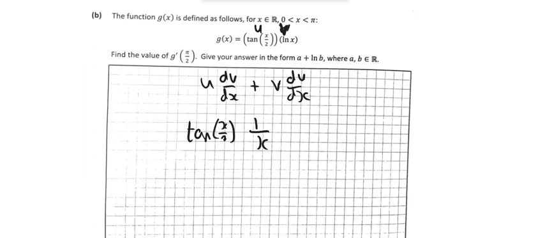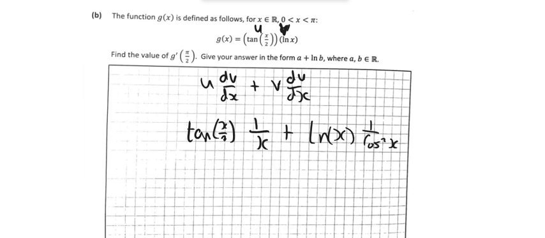And then you're adding on natural log x, and then you're multiplying by the derivative of u. So the derivative of u here, it gets a little bit complicated. Derivative of tan anyway is 1 over cos squared. So it'll be 1 over cos squared x.